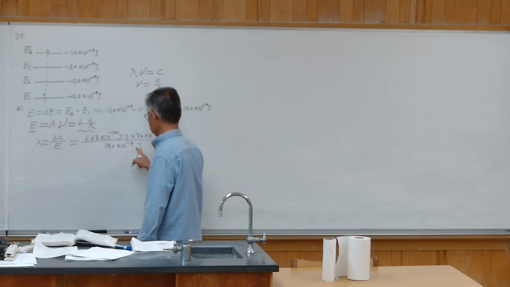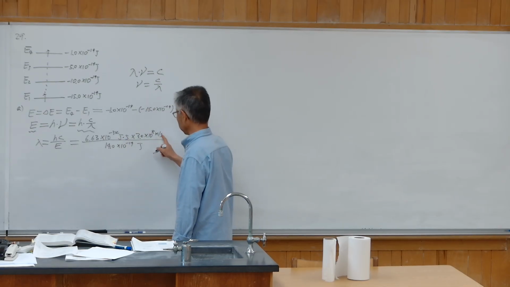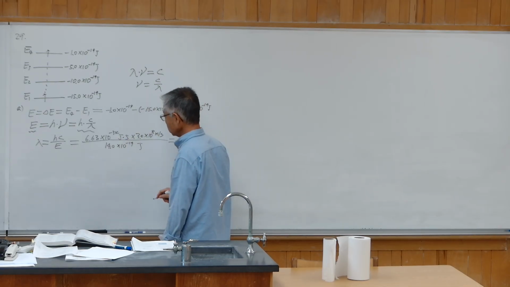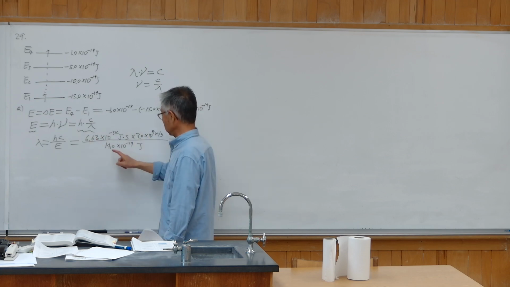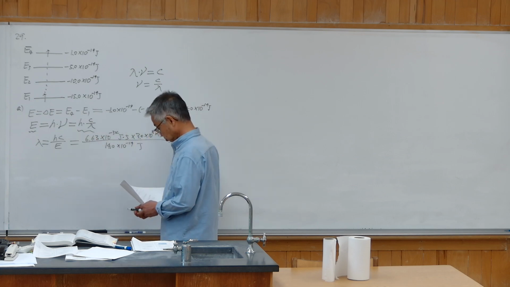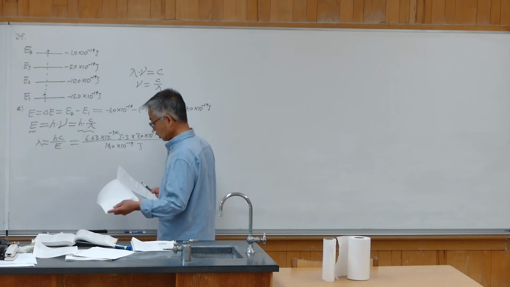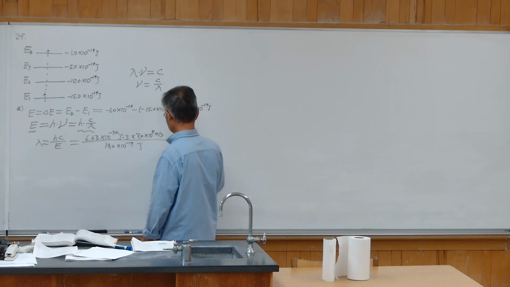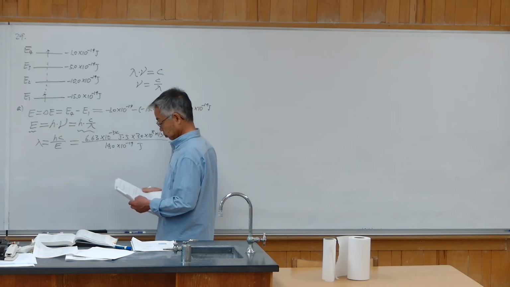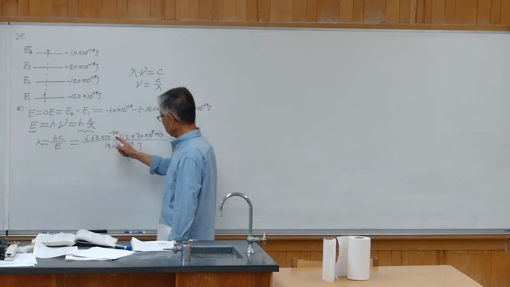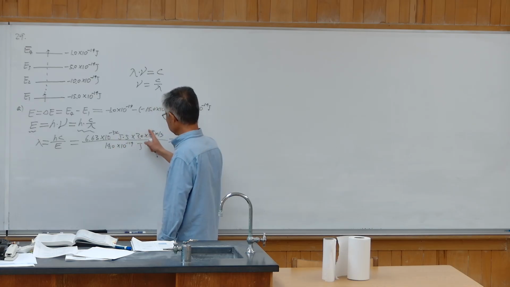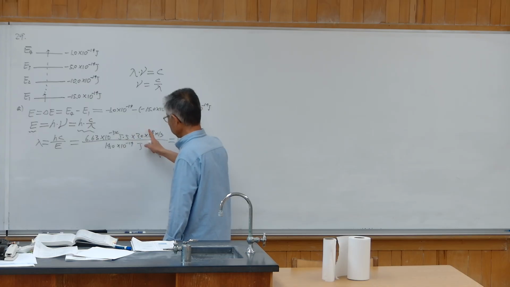So joule cancels this joule. Second cancels this per second, leftover meter. Use calculator, it is just 6.63 times 3 divided by 14. The regular number put in the calculator is 1.42. And exponent, negative 34, multiplication is plus, so negative 34 plus 8.